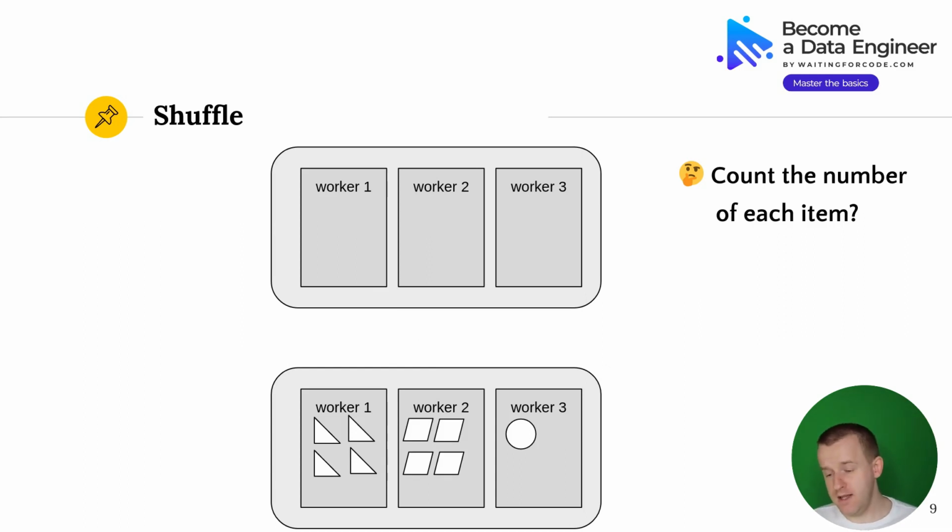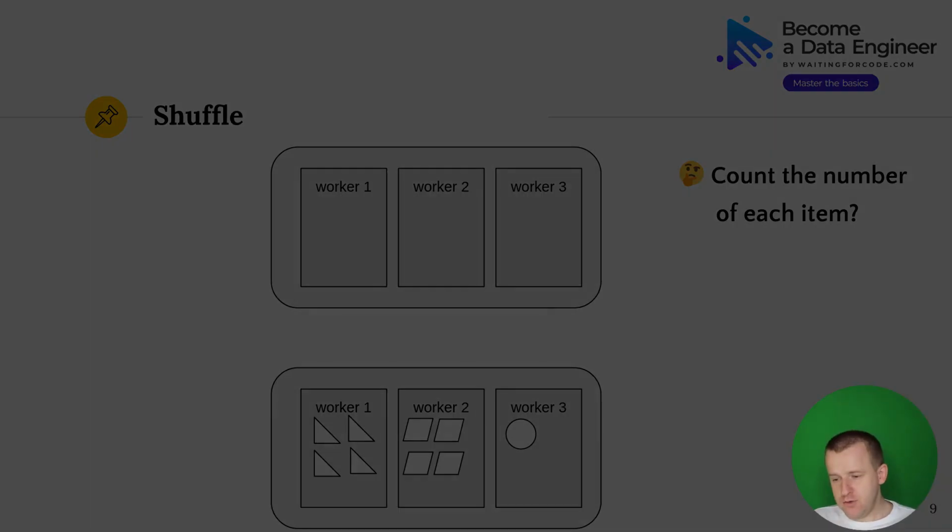And only now can you generate the count. So in a nutshell, shuffle is like moving data across the network in order to bring the related rows together to do some computation. If you know SQL, it's like doing the group by at scale with different nodes storing the whole dataset.